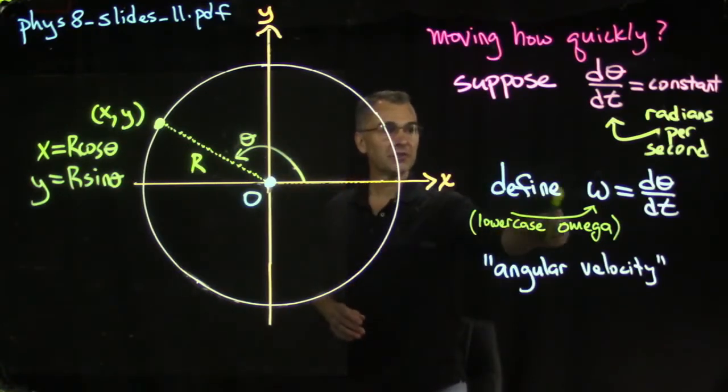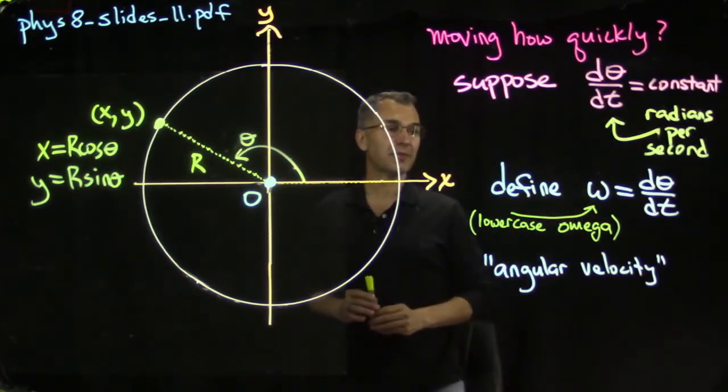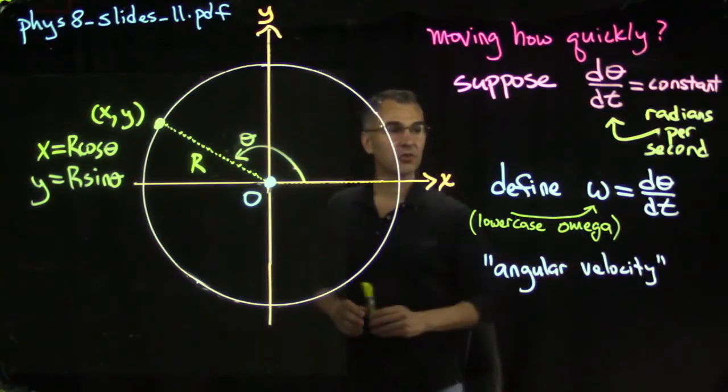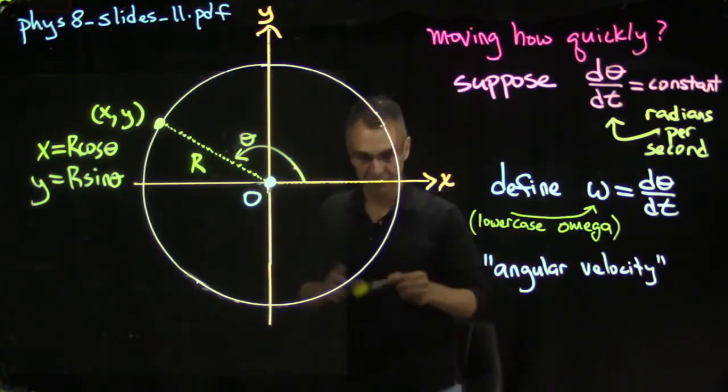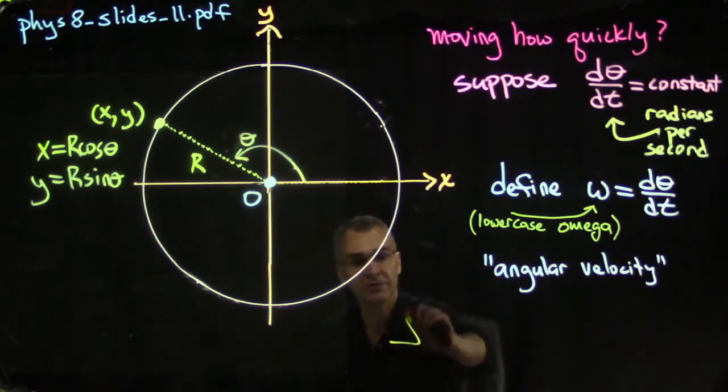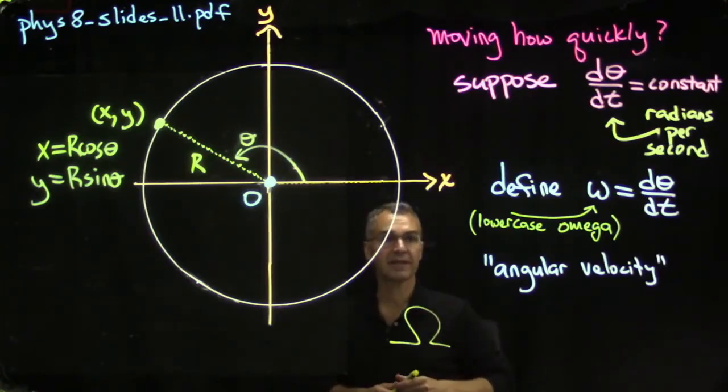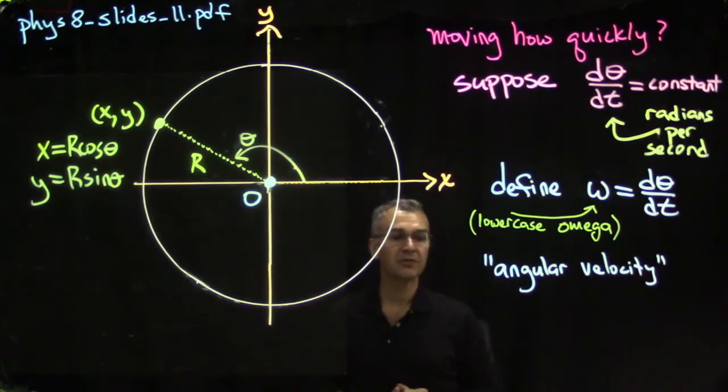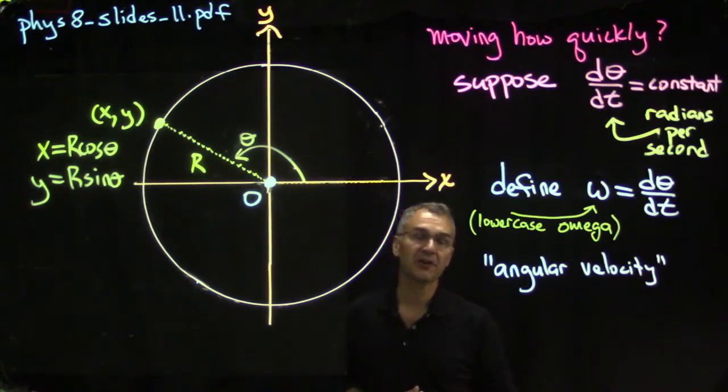So we're going to define a quantity omega equals d theta by dt. This is lowercase omega. It looks a little bit like a W. You might be accustomed to seeing an uppercase omega, but this is instead a lowercase omega. For reasons I don't understand, all of the quantities related to circular motion seem to be represented with Greek letters.